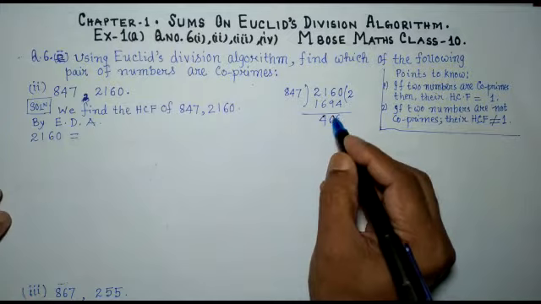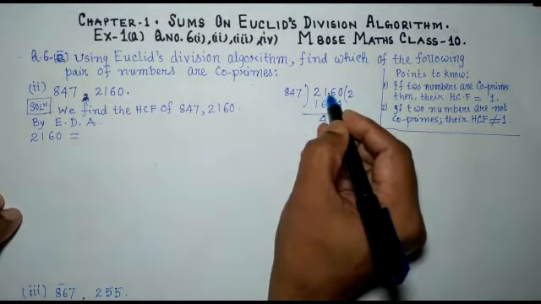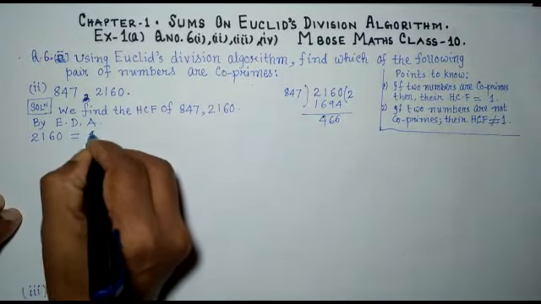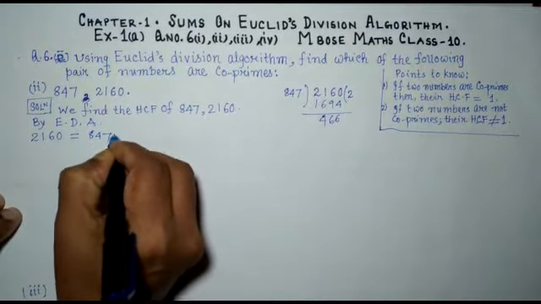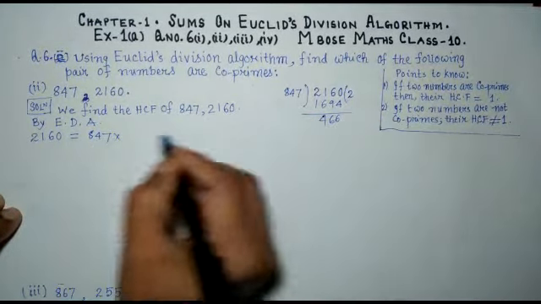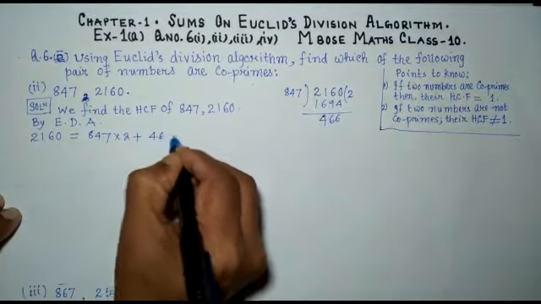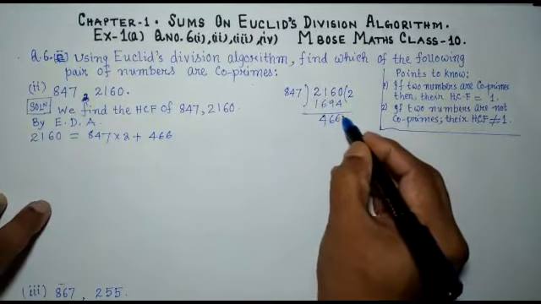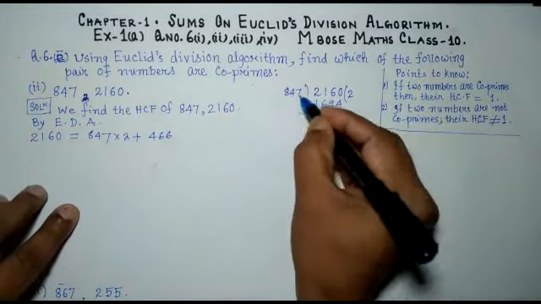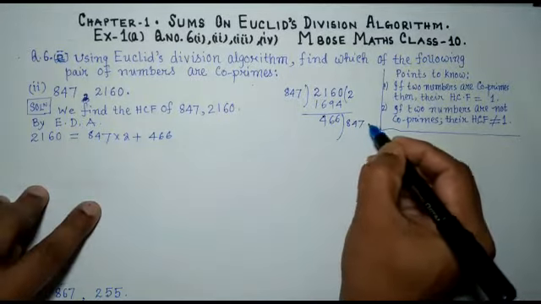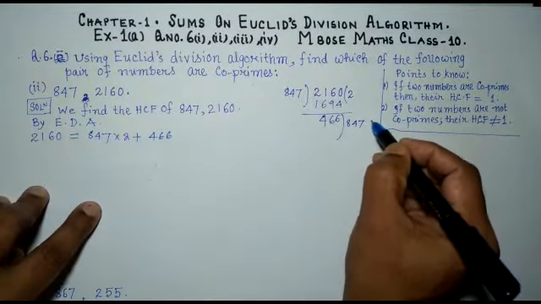So we can write for this division, the dividend is 2160, the divisor is 847, the quotient is 2 plus remainder is 466, and we do the second division. So bring this 847 divided by 466.